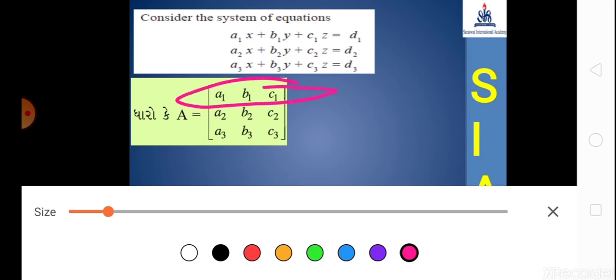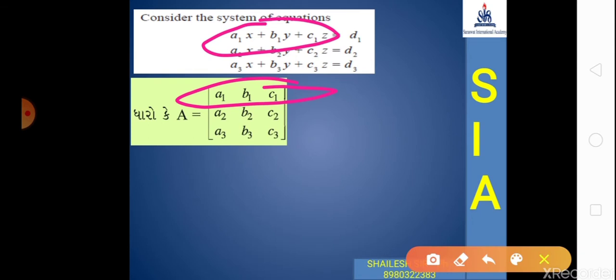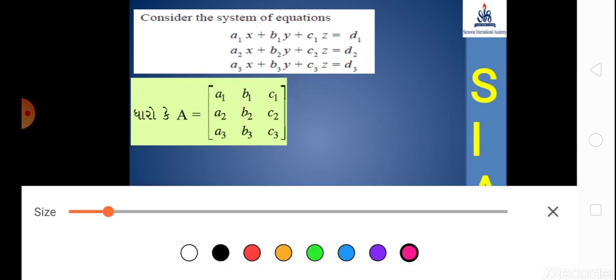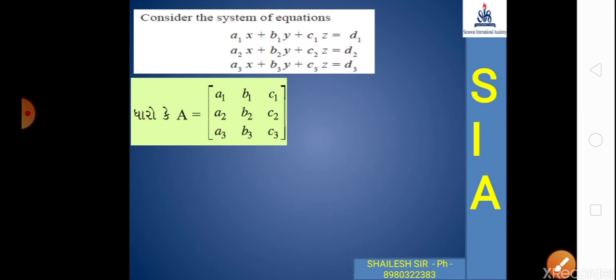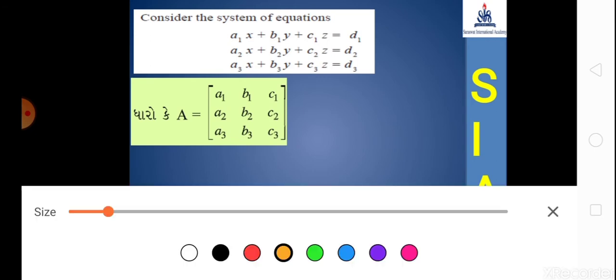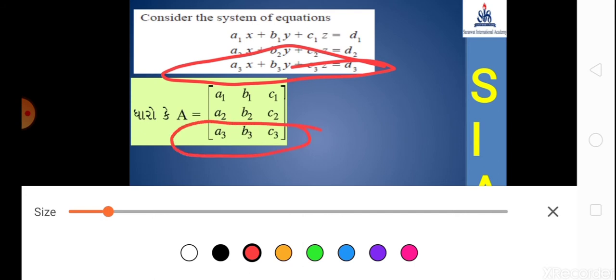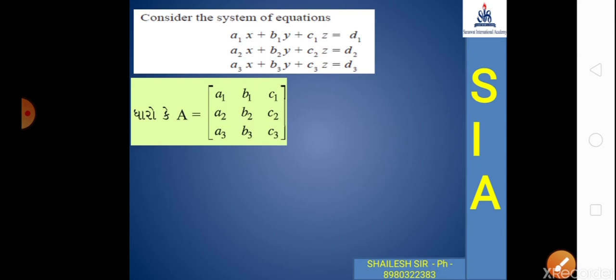Students, the first row consists of the coefficients of x, y, z from the first equation. Similarly, the second row is a2, b2, c2, and the third row is the coefficients a3, b3 and c3 from the third equation. All these values are applied in matrix A.